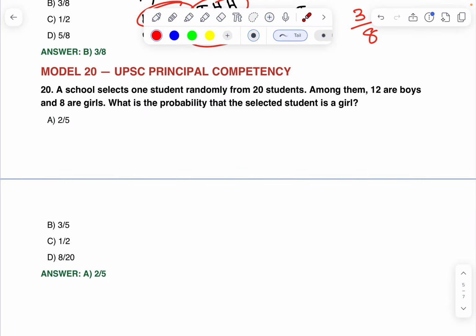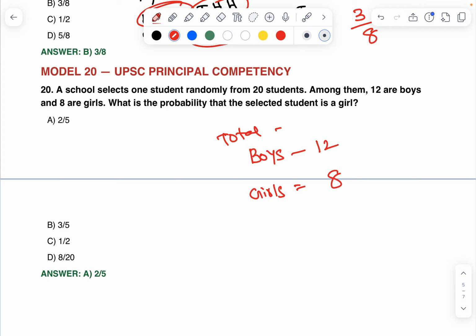A school selects one student randomly from 20 students. Among them, 12 are boys, 8 are girls. What is the probability that the selected student is a girl? Simple. Boys 12, girls 8, total 20.